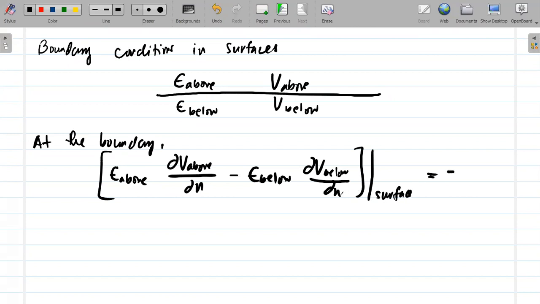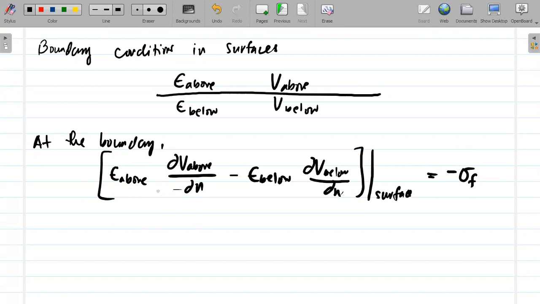That is equal to negative sigma F, where this is our enclosed free charge. Free surface charge density. Now, that is condition 1.